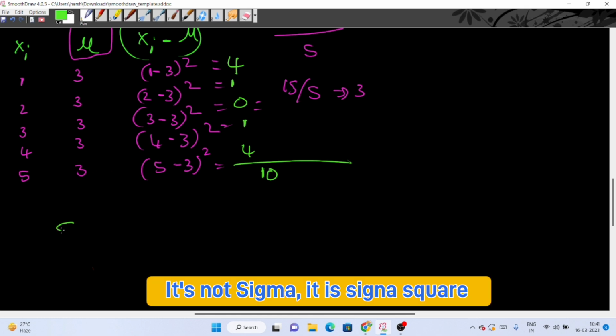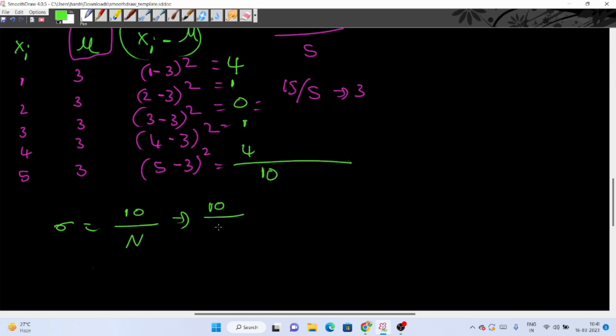So now sigma square is going to be 10 by capital N. That means 10 by, what is the value of capital N? It is nothing but 5 because we have 5 different data points. So now it is going to be 2.